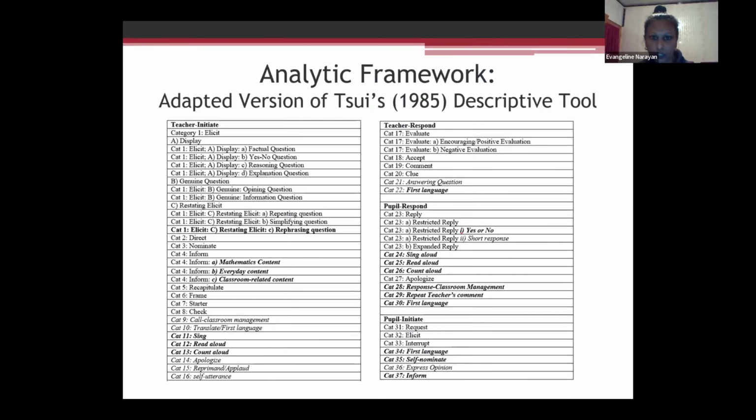So I used Choi's 1985 descriptive tool to analyze the interactions. And as you can see, there were 37 categories. Initially, the framework had only 7 categories, but upon doing some trial analyses, I came up with 37 categories to really capture the utterances.